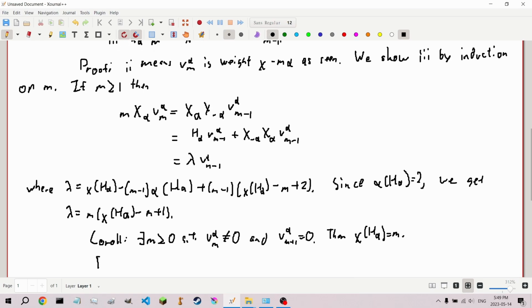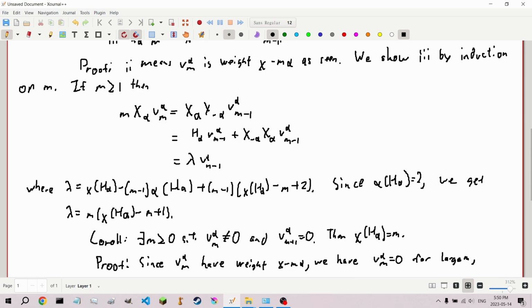The proof: since the V_alpha,m have weight chi minus m alpha, and the number of possible weights of your module is finite, we have that V_alpha,m is 0 for large m, hence the existence of m as above.